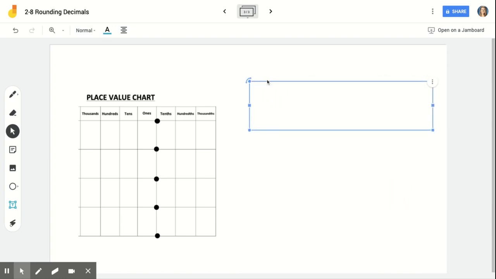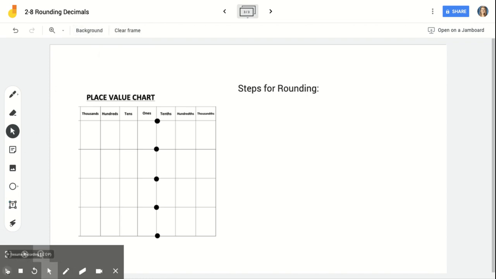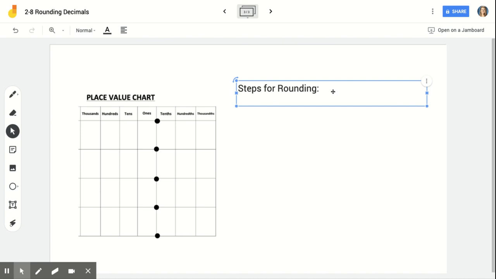So I like that place value poem because it's rhymey and it's easy to memorize. This one will be more detailed for us to refer back to quite a bit. Okay, so go ahead and skip a line. And let's label this steps for rounding. And here are more detailed steps for rounding.